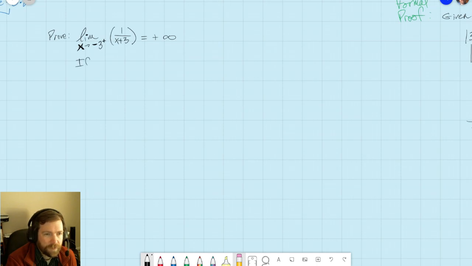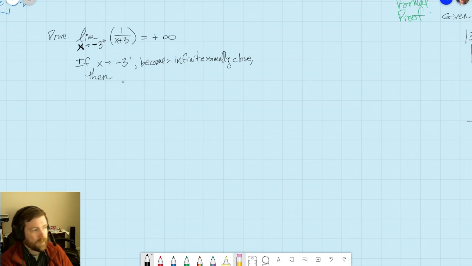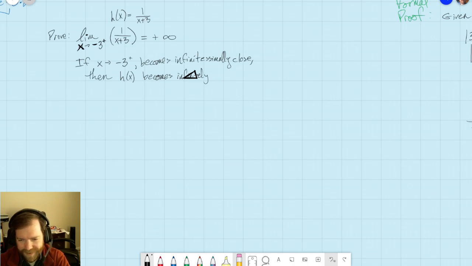So we're going to say that if x starts approaching -3 from the positive side, and becomes infinitesimally close, then our function value for h of x equals 1 over x plus 3, and h of x becomes infinitely large. Ew. No, I did not just draw a triangle.